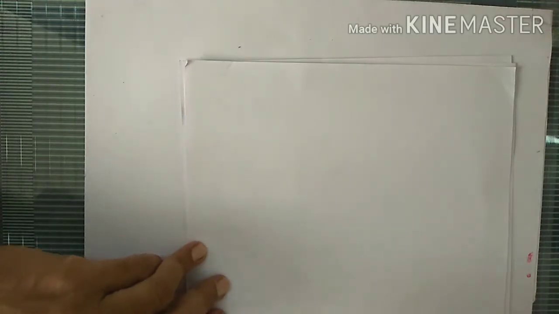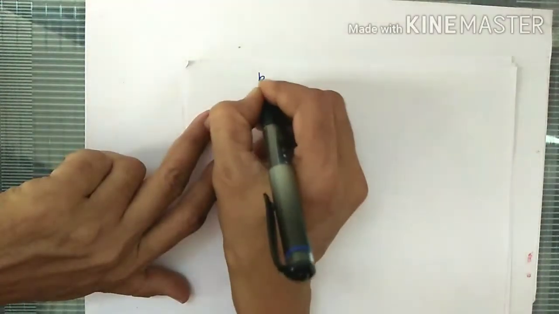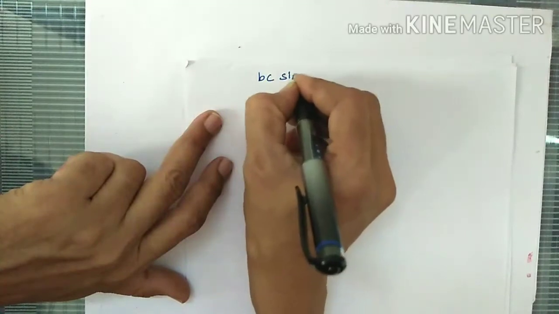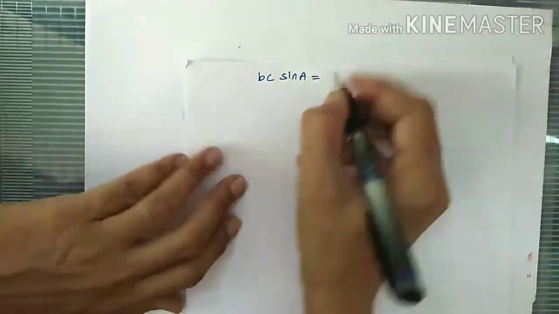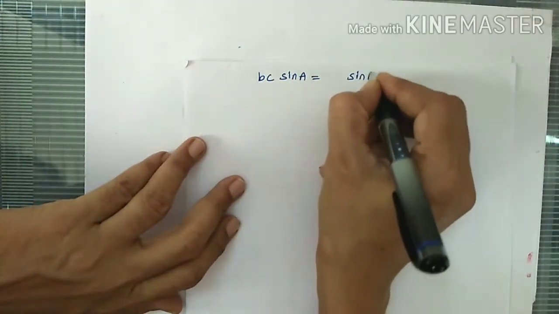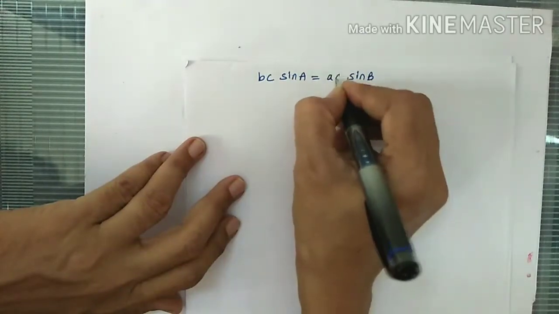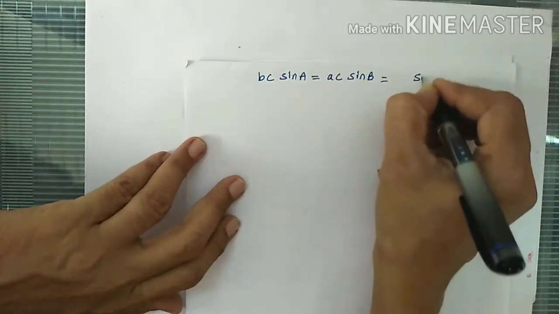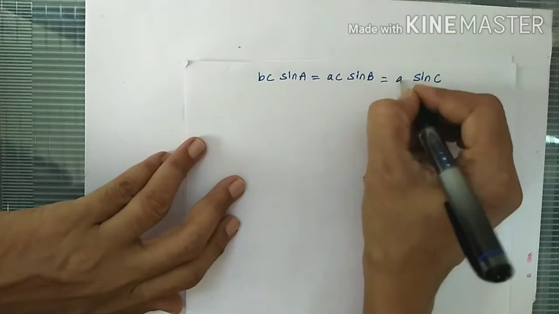AB sine C equal to BC sine A equal to AC sine B. Whenever it is sine B, it is AC, and if we take sine C, it is AB.